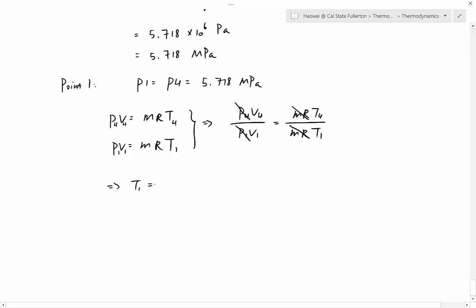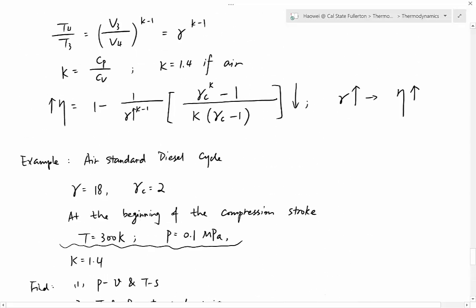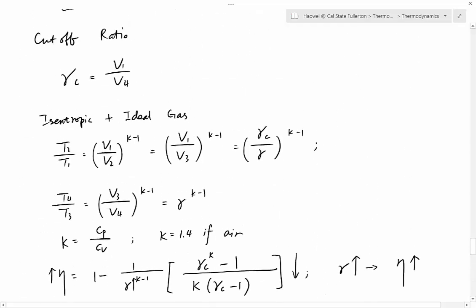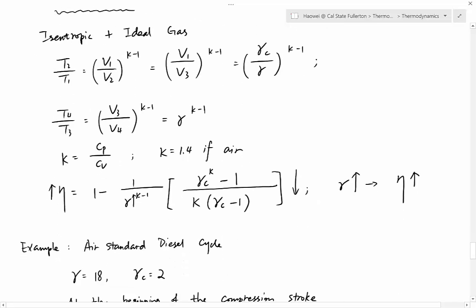T1 is actually equal to T4 times V1 over V4. We do have T4, but what about V1 over V4? What is V1 over V4? Let's go back to before. V1 over V4 is actually the definition of cutoff ratio gamma C, and it is given.